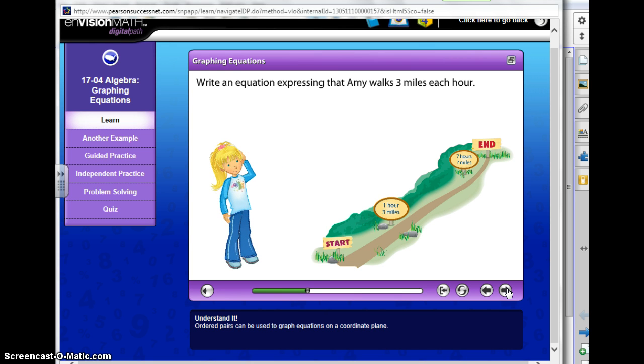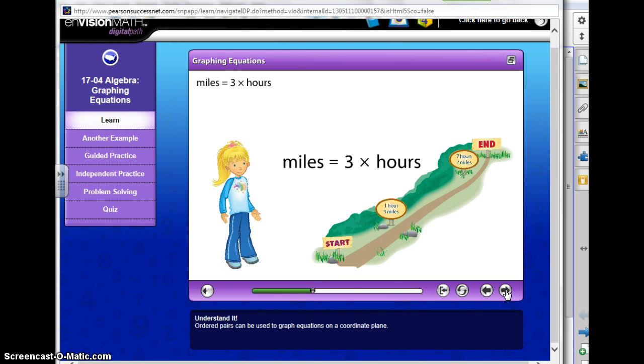So what would be an equation that would express Amy walks 3 miles in 1 hour? Amy walks 3 miles in 1 hour. Well, we want 3 times the number of hours, right? Why are we going to multiply? Because our number is going to get bigger.